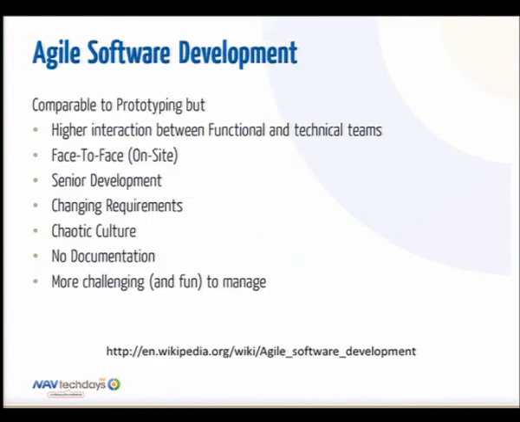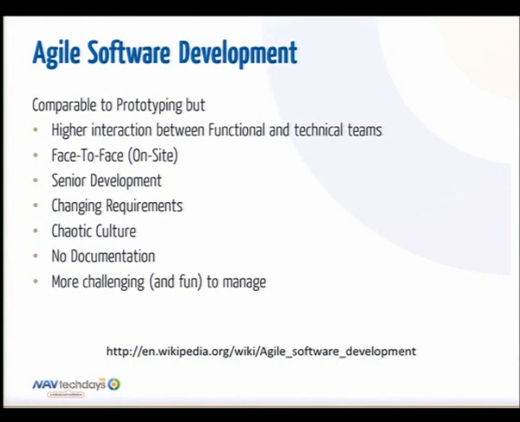What I like personally myself, but it really should match the project, is agile software development, which is comparable to prototyping, where you do workshops. But there's a really high interaction between functional and technical teams, and even in those situations, the people who work on it are both functional and technical.